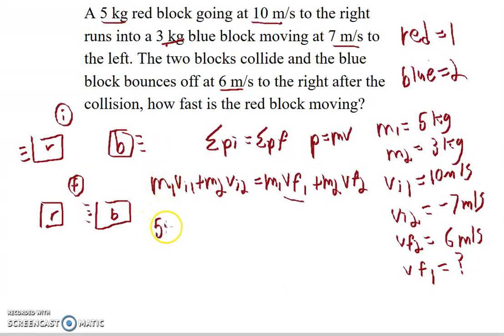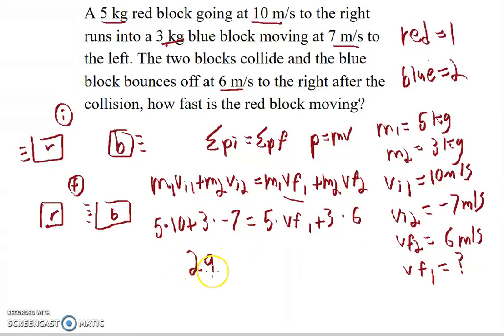So 5 times the initial velocity of 10 plus mass of 3 times the initial velocity of -7, because it's to the left, is equal to the mass of the red times the final velocity of the red plus mass of the blue times the final velocity of the blue, which is 6. So from here, it's really just algebra, just careful plugging in.